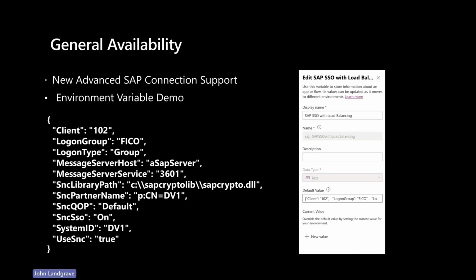So the first step in doing this implementation is going into your dev environment and identifying what your connection string is going to be, and building that out, and then creating an environment variable as part of your solution that allows you to access your specific instance.